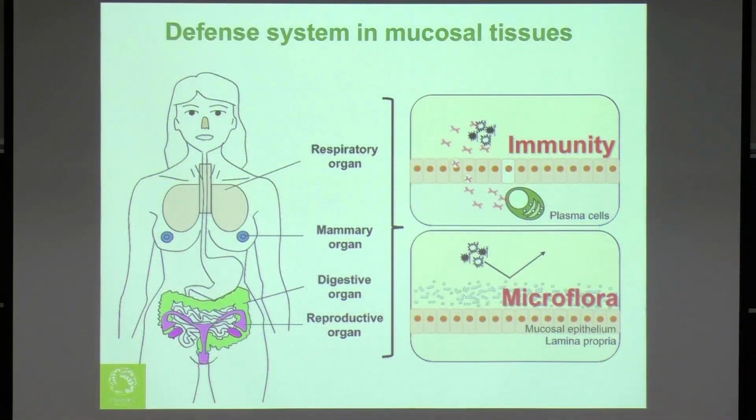The mammary gland that I would like to talk about in this presentation is one of the mucosal tissues. However, compared with other mucosal tissues, the developmental process of the mammary gland's immunological and microbiological environment is poorly understood. That's why it's very important to think about how we protect the mammary gland from infectious diseases.